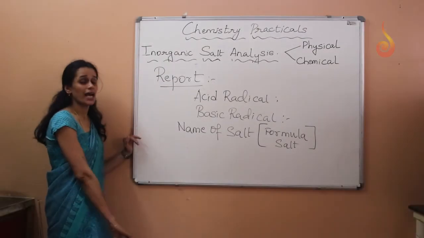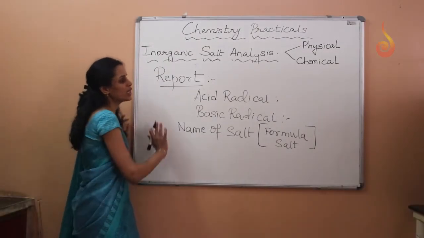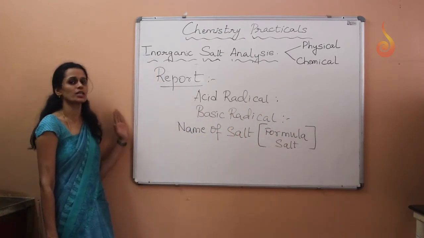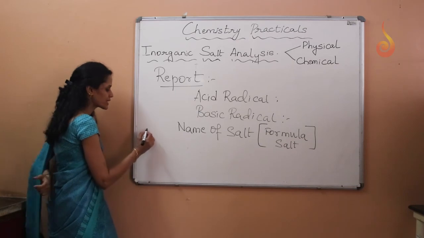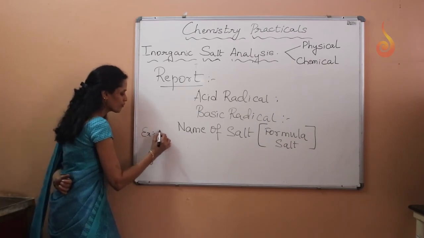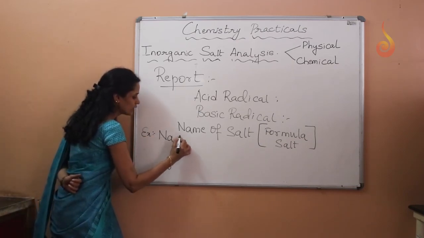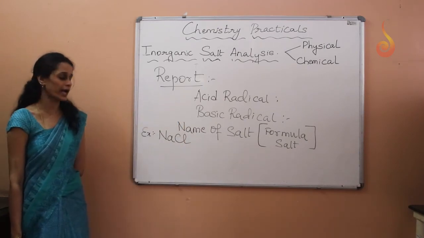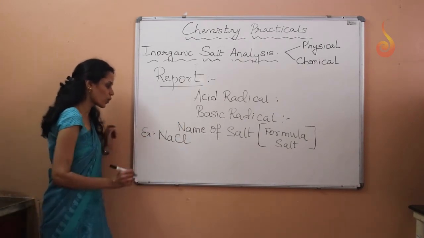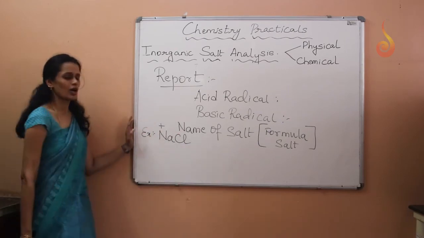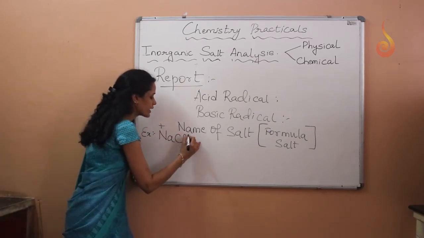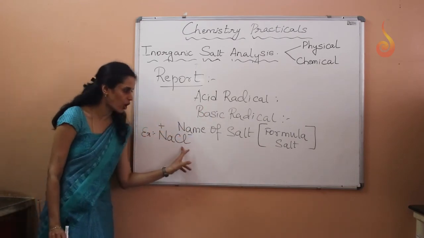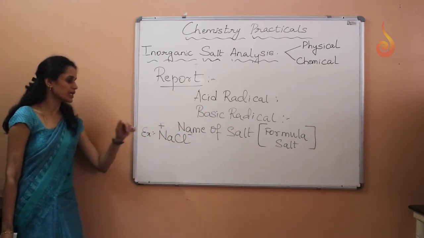Now let us take an example so that we get a clear picture of how to report the salt. For example, now we are doing the test for sodium chloride salt. Sodium ion is the cation and chloride ion is the anion. Acid radical is nothing but anion, basic radical is nothing but cation.